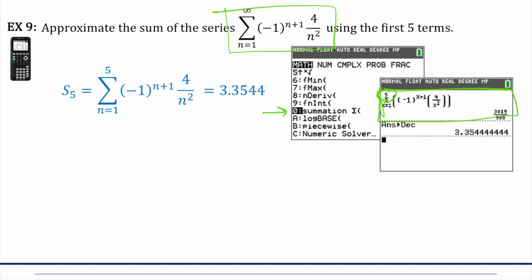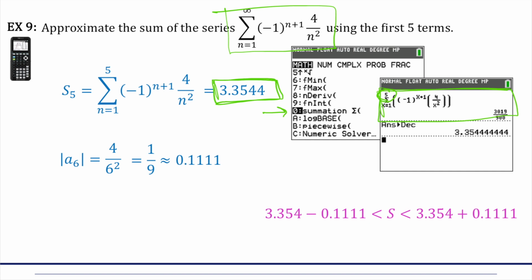Well, we've used the first 5 terms added together, so let's check the 6th term. Remember, it's always about the next term. The 6th term is 1 over 9, or 0.111111. So if I take my approximation and subtract 0.111 and add 0.111, then I know that the actual sum of the series is somewhere between 3.243 and 3.465. That's pretty nifty, isn't it?